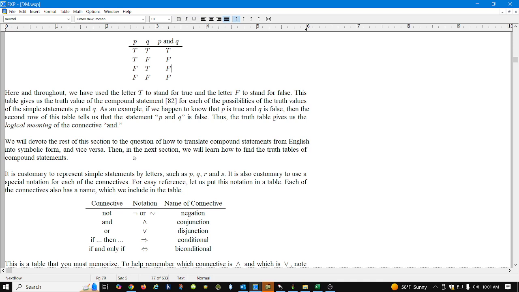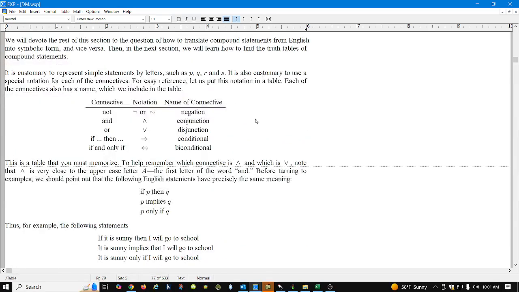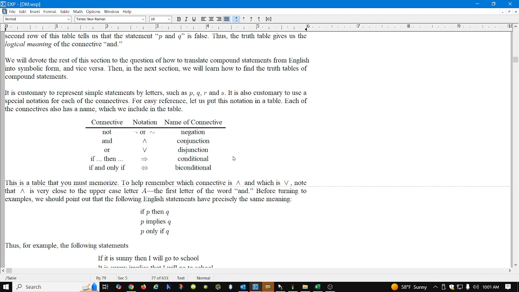So, for the rest of this section, we're going to look at the truth tables for the 5 basic connectives. This is one of them. The connectives have symbols rather than words, and they also have names. So not, the connective not is written most of the time in one of these 2 fashions.